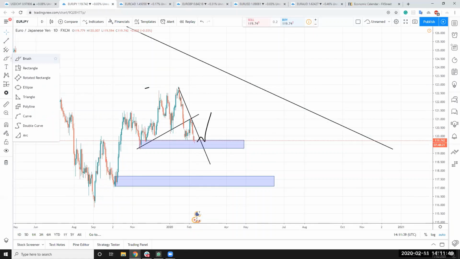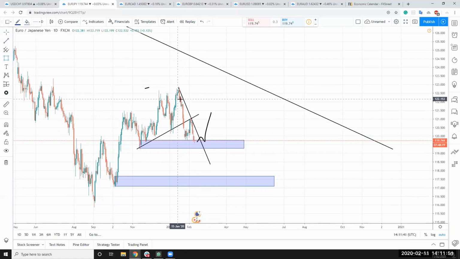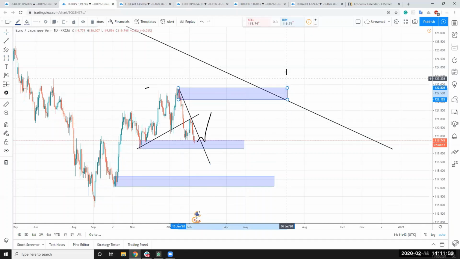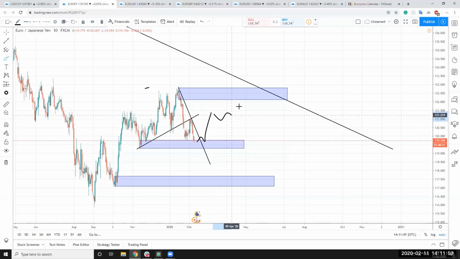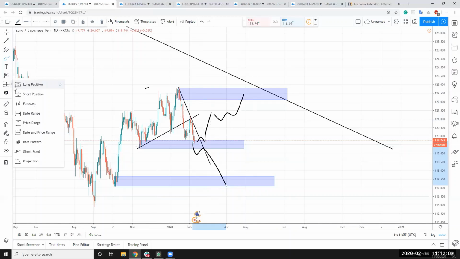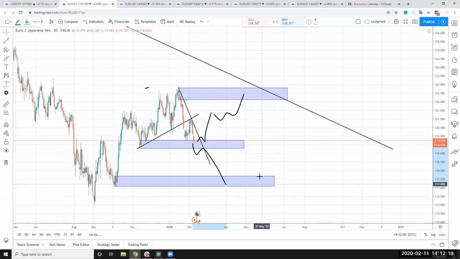And I would see this level as important. So if we do go higher for now, I think we will just this to go lower again. And if we fail, then a retest to go to this level will give us a nice 200 pips.